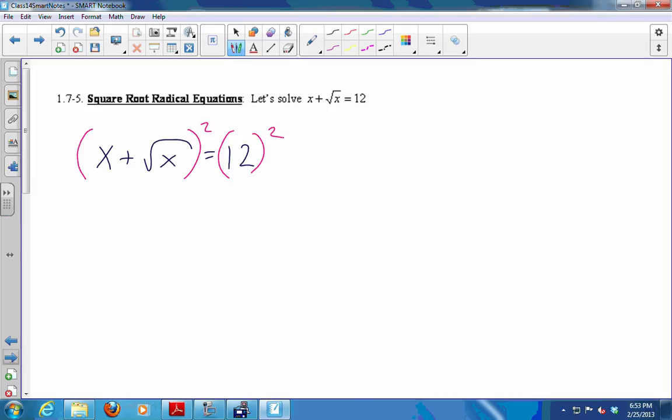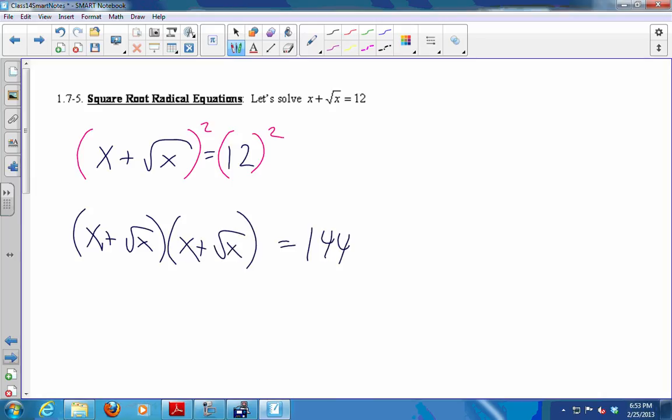So x plus root x squared, that means x plus root x times x plus root x equals 144, right? When I FOIL those two out, I'm going to get x squared plus x root x plus x root x, so I have plus 2x root x, and then root x times root x is x.